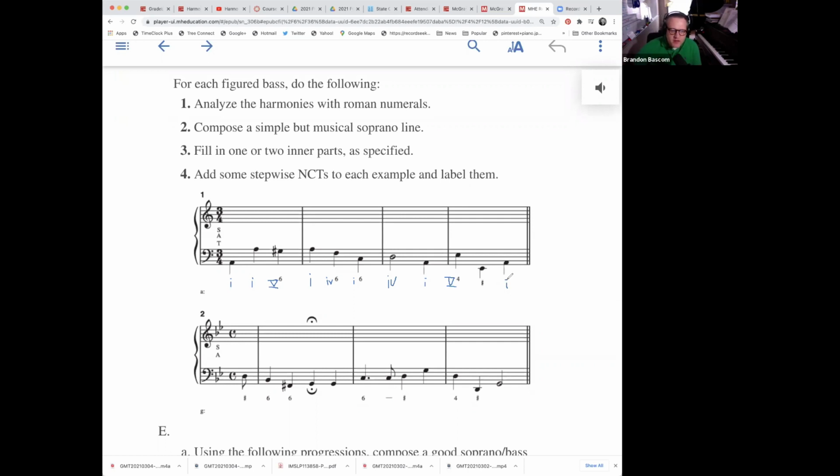So, with that, you're just going to put in a simple melody line, fill in an inner voice, and add your non-chord tones.